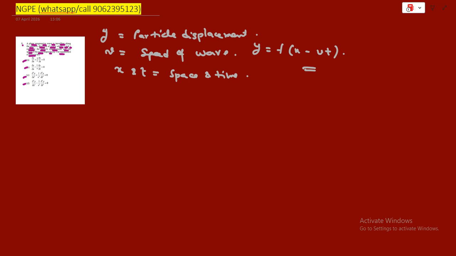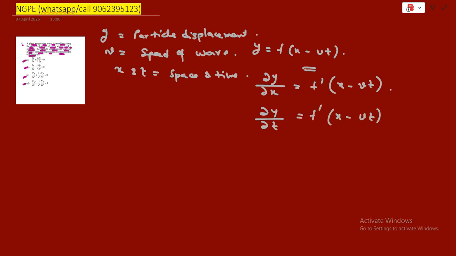Let's take the partial derivative with respect to x. Del y del x is f dash (x minus vt). Now with respect to t, del y del t is f dash (x minus vt) into minus v, right?